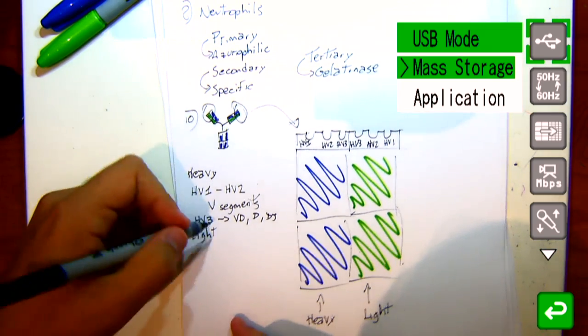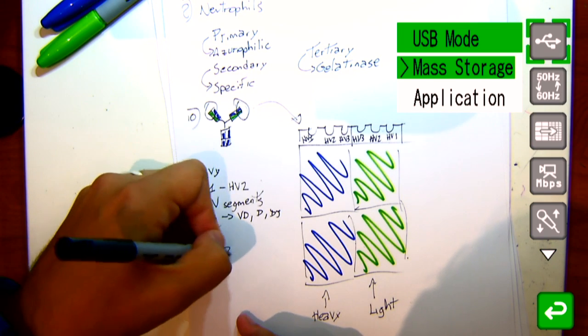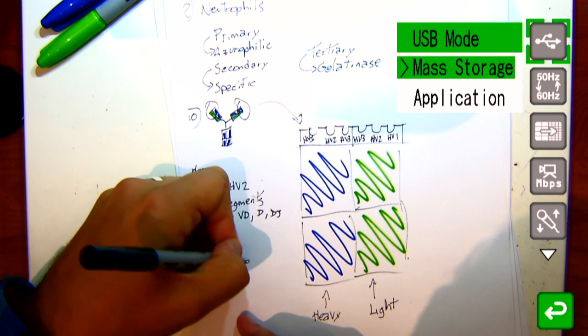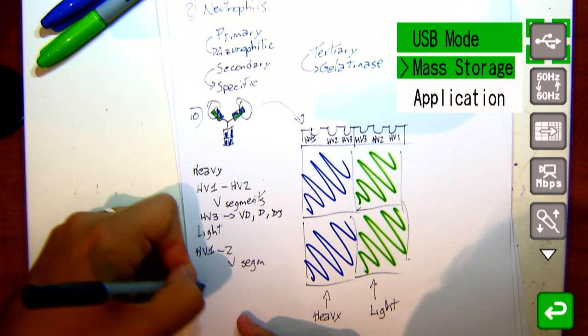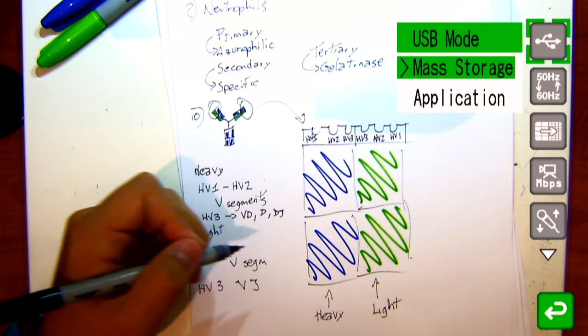And then for the light chain, the same thing goes for HV1 and 2. It's going to be the V segments. And then HV3 is going to be the VJ junction.